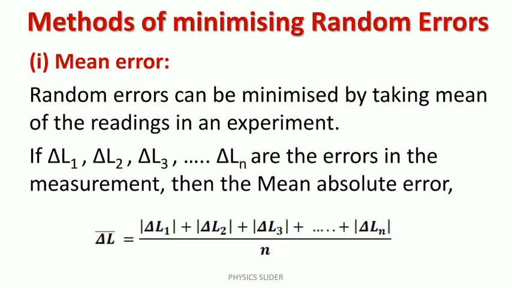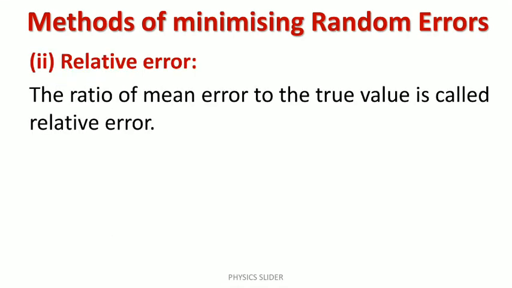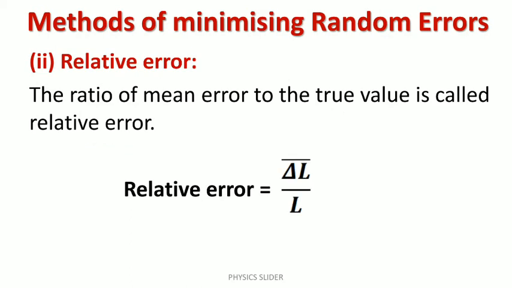Okay, moving ahead, we have relative error. What is relative error? Watch here. The ratio of mean error to the true value is called the relative error. As we have calculated the mean error, we will divide this by the true value. When we divide the mean error by the true value, we get the relative error.